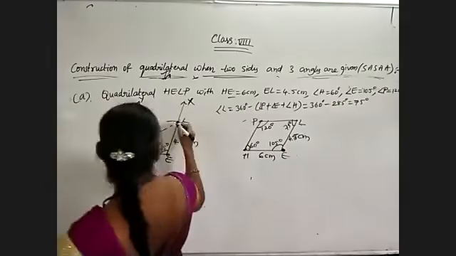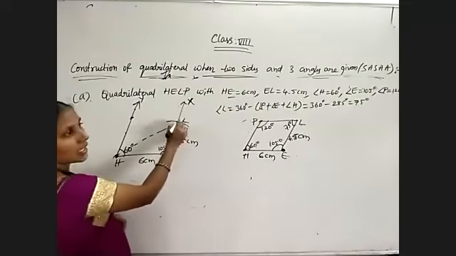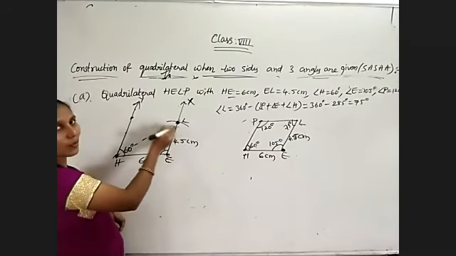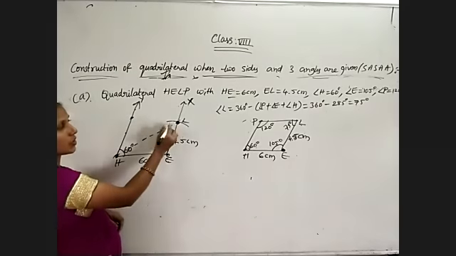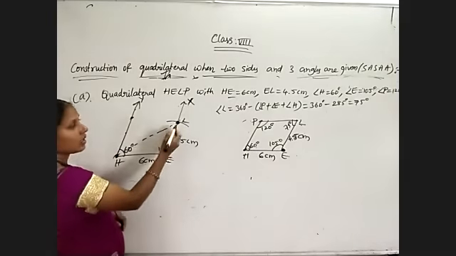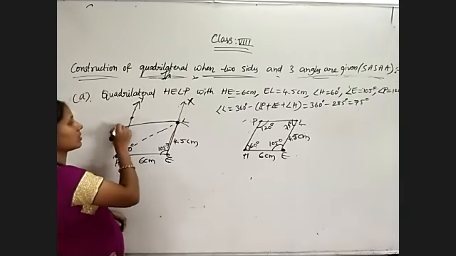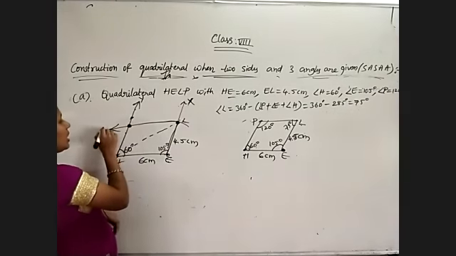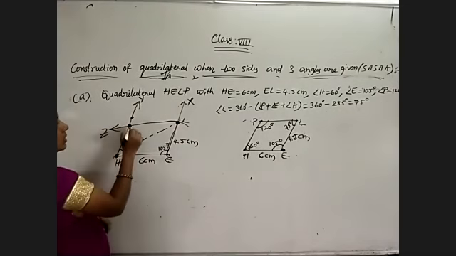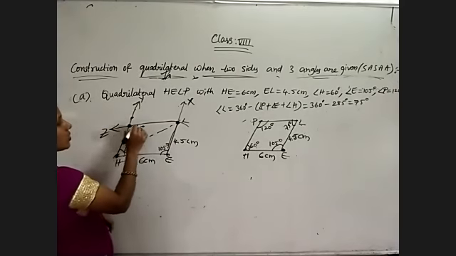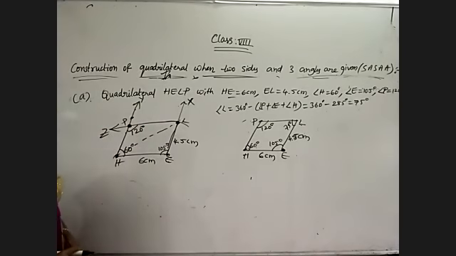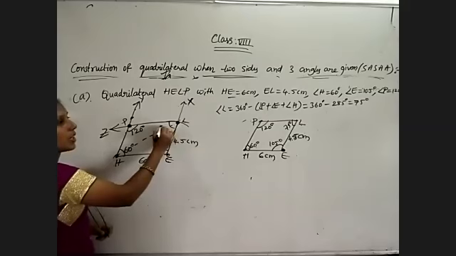Okay, so here place the protractor. Now form the angle 75 degrees using the protractor, because it is an acute angle. It is lying on the left side, so we have to take the upper values. So like this we will get it. Now LZ making 120 degrees. So this is angle P. I hope you understood now.